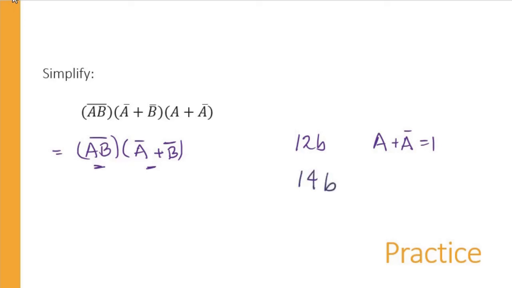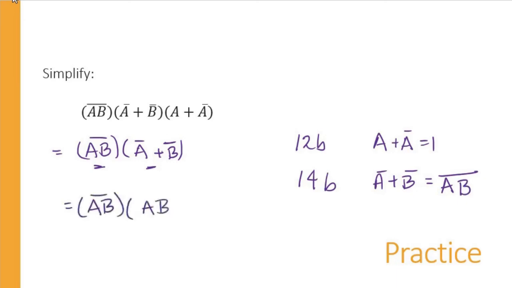Right? If you look at 14b, we're told that not A or not B is equivalent to not A and B. So that allows us to turn the second set of brackets into an identical expression as that in the first set of brackets.